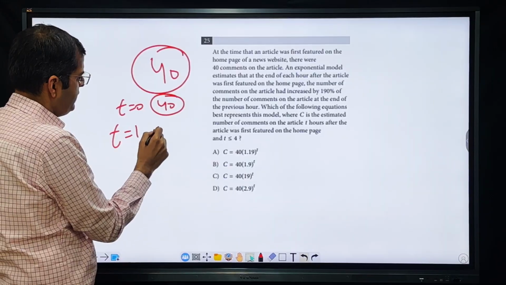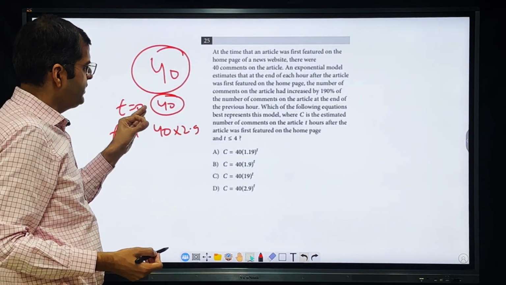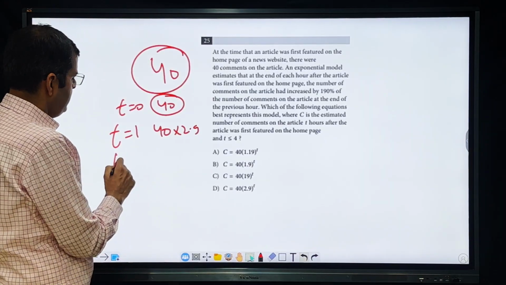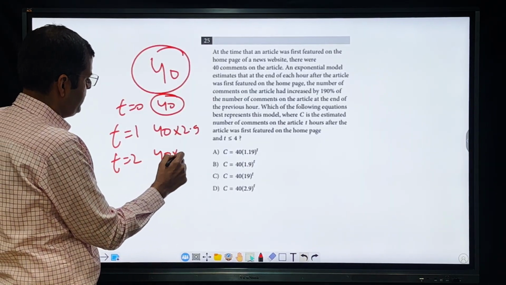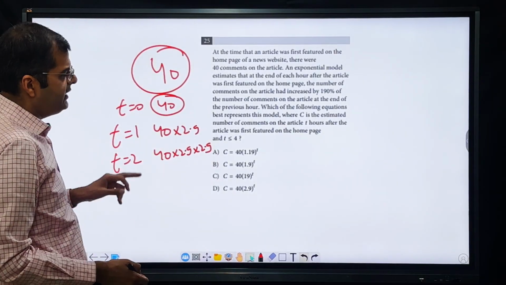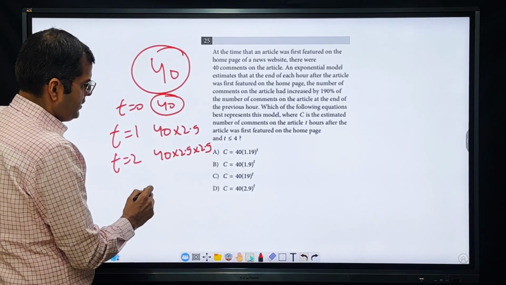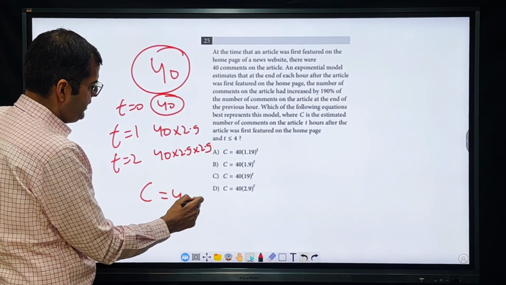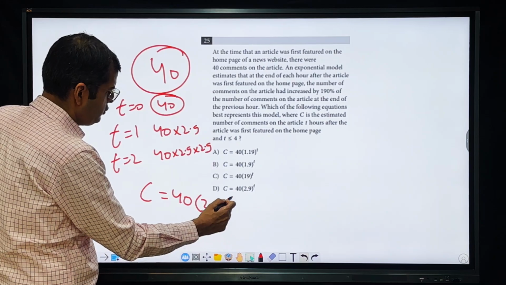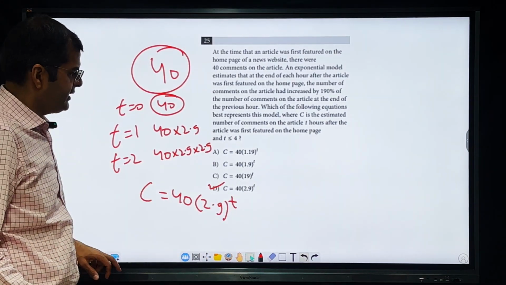At T equal to 1, it should be 40 into 2.9, because it has to increase by 190%. At T equal to 2, it has to be 40 into 2.9 into 2.9, and so on and so forth. So the number of comments should be 40 into 2.9 raised to power T, which is option D. That's the correct answer here.